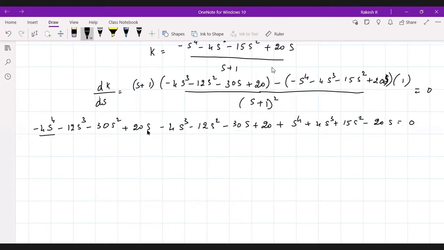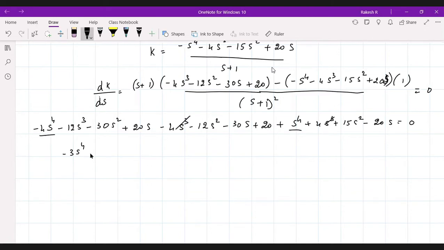This is s raised to 4 and minus 4s raised to 4, that is minus 3s raised to 4, and for cube we have minus 12 minus 4 and plus 4. These two cancel off.